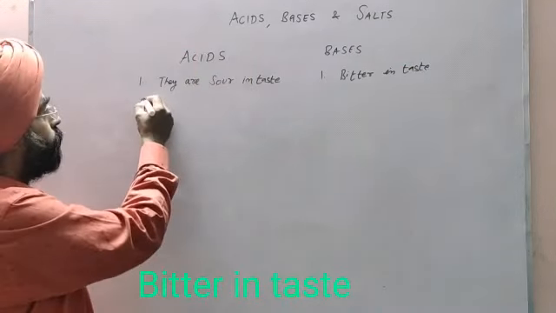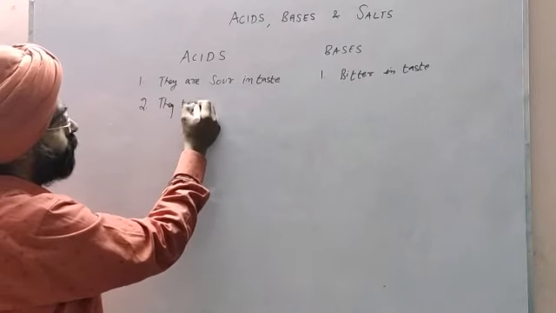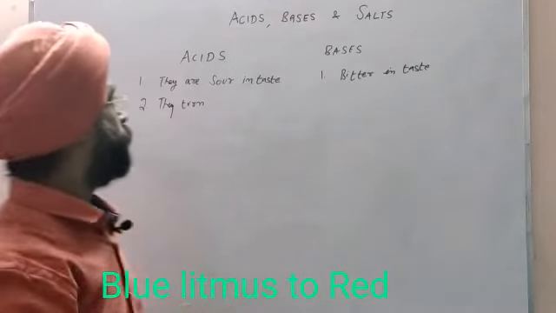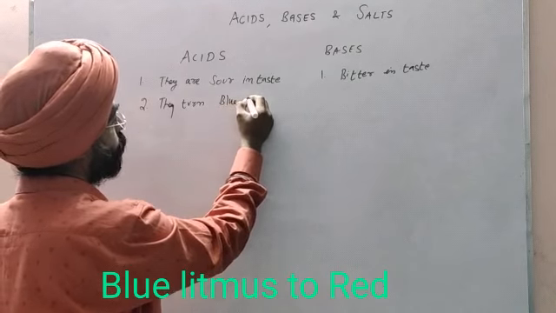Now the second point, whenever acids are reacted with litmus paper, which is an indicator, they always turn blue litmus into red.